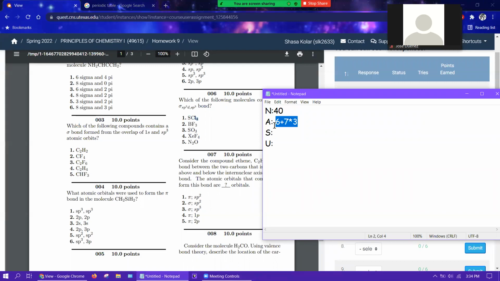So if you see an odd number, you have to check it again. So this is 28 plus 6, and that gives us 34. And then 40 minus 34 is 6. And this would be 28.